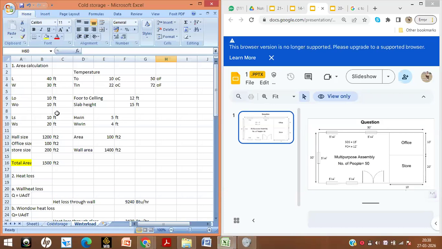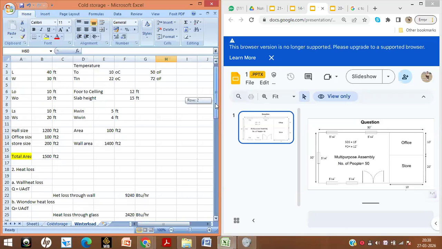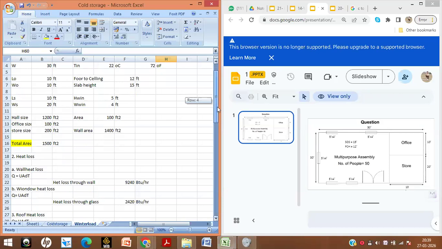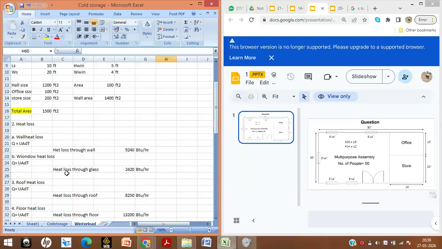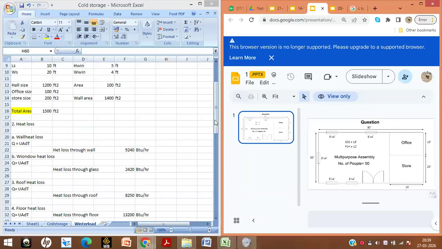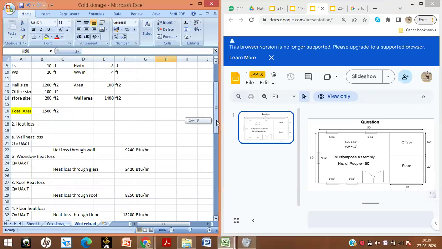So for that, how can we design a heater to heat this complete room? For that, we calculate the heat loss especially through wall, through roof, through floor, and through glass.